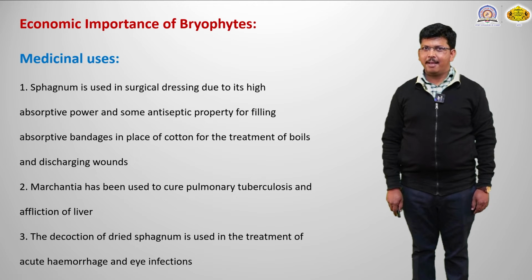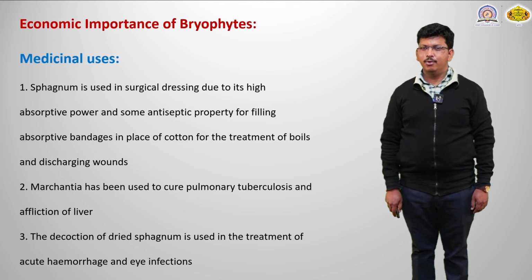In ancient times people used sphagnum moss as a surgical dressing because it has a high ability to absorb water. It instantly absorbs water, or any liquid material, especially liquids that are polar in nature, which are absorbed easily. So that is why sphagnum is used as a surgical dressing.